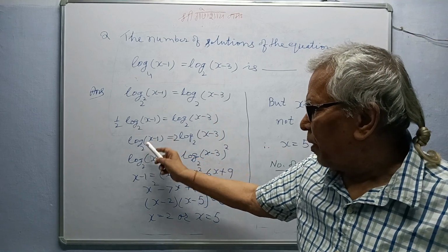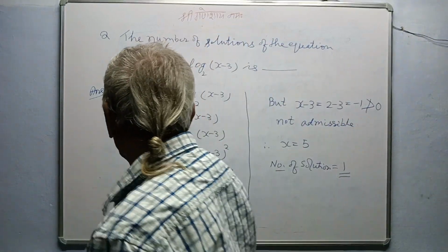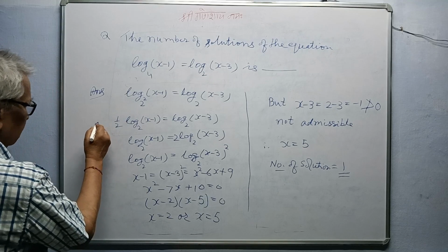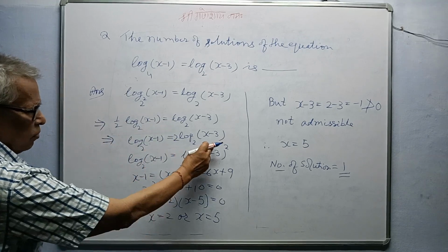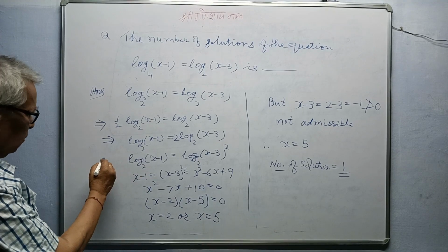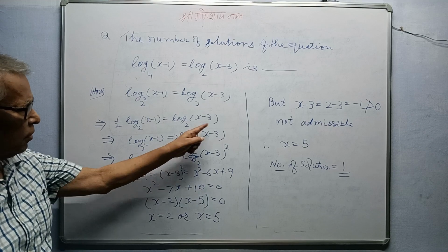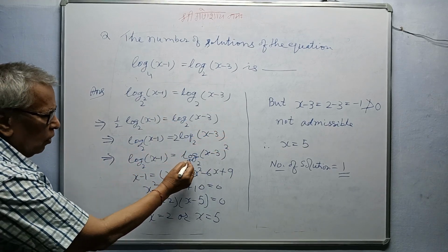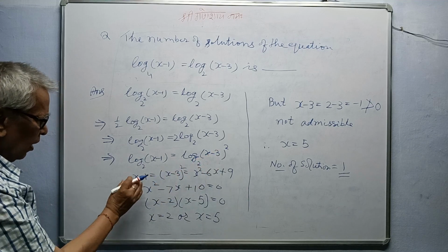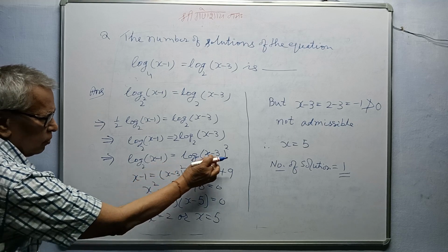So log x minus 1 to the base 2 is equal to two into log x minus 3 to the base 2. So this implies that log x minus 1 to the base 2 is equal to, this will come here as a square, m into the m power n, so log x minus 3 whole square to the base 2. Now the logs cancel, so x minus 1 is equal to x minus 3 whole square.